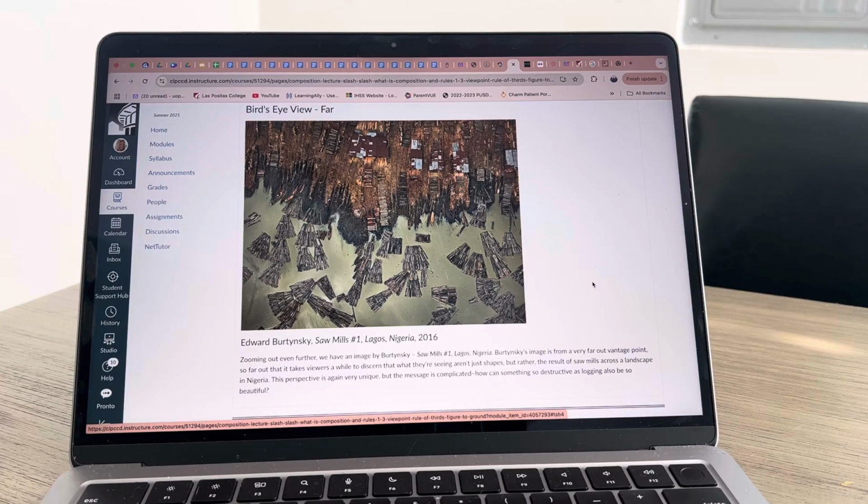Burtynsky's image is from a very far out vantage point, so far out that it takes the viewer a while to discern that what they're seeing aren't just shapes, but rather the results of the sawmills across a landscape of Nigeria. This perspective is again very unique, but the message is complicated. How can something so destructive as logging also be so beautiful?